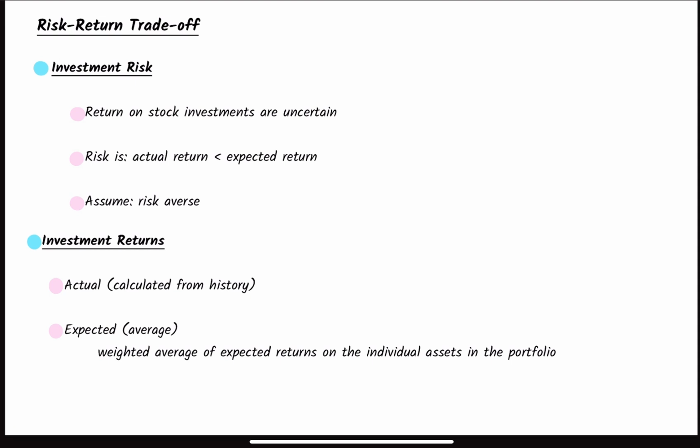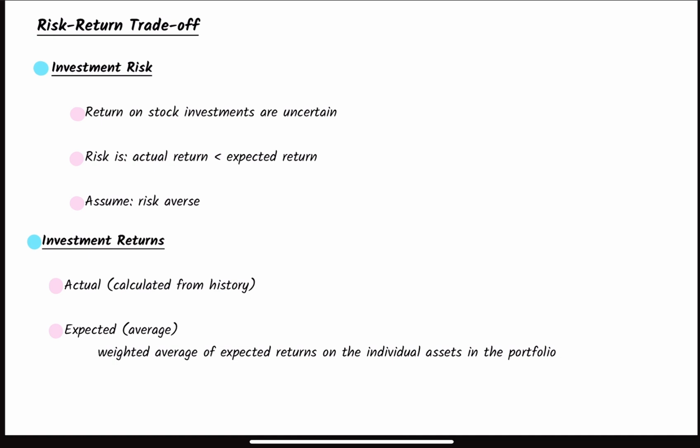So there is a risk-return trade-off. For investing in general, returns on stocks are uncertain. Risk is when your actual return is less than the expected return. And we always want to assume that investors are risk averse, so they want to avoid risk.